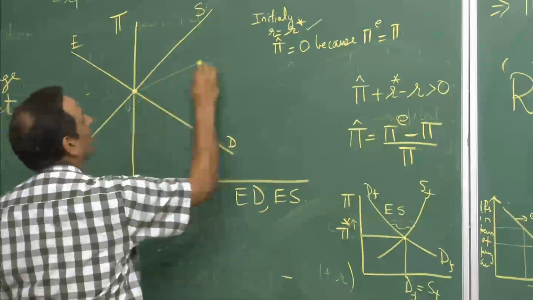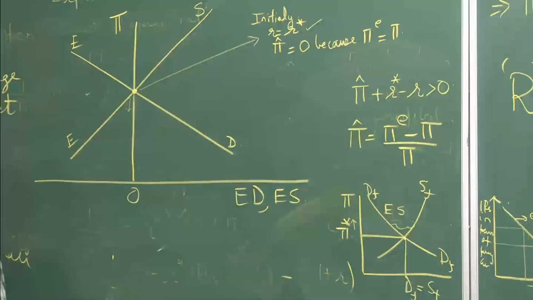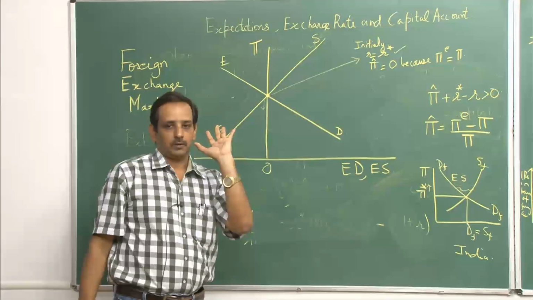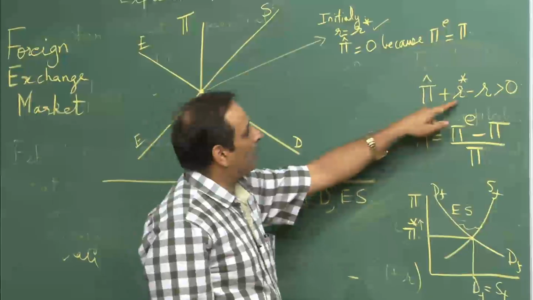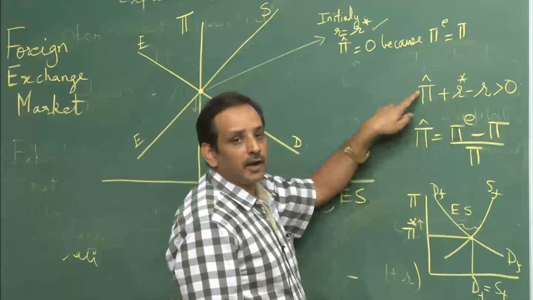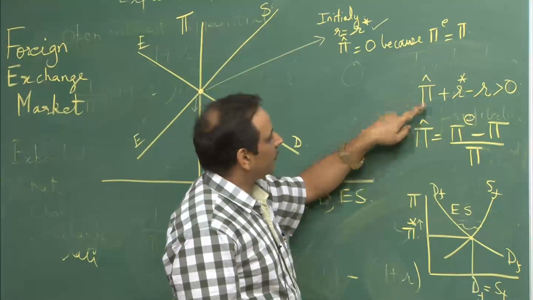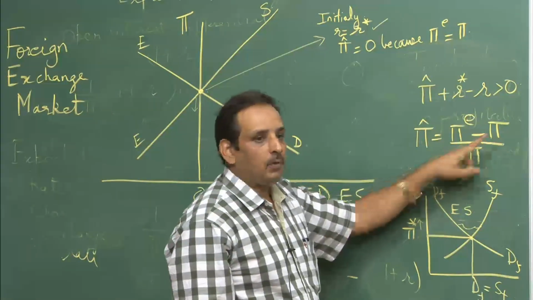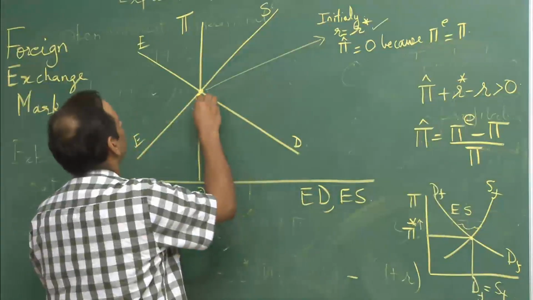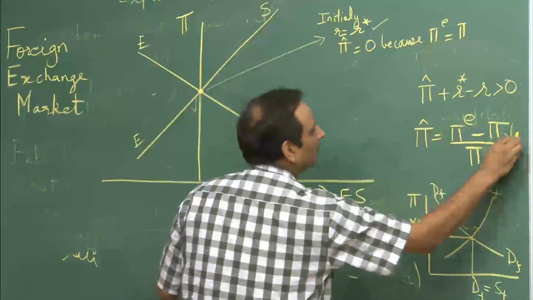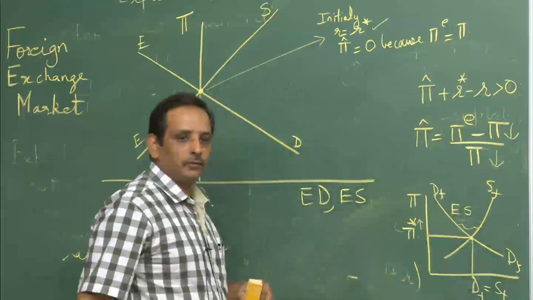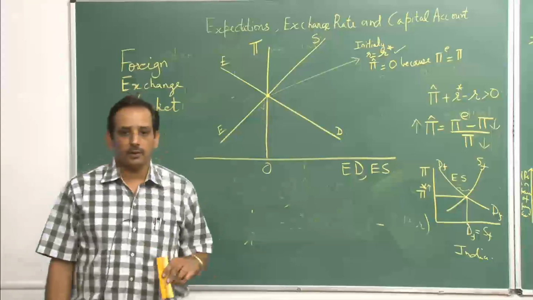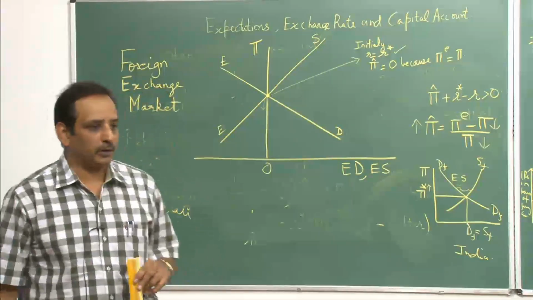This was the point which would show that the open interest differential was 0, because r was equal to r star and pi hat was 0. Now, let us assume that pi goes down. So, when pi goes down, this pi hat increases. So, you see a positive interest differential.